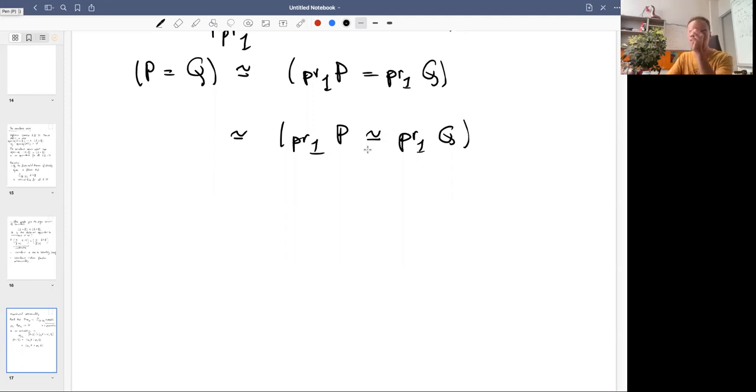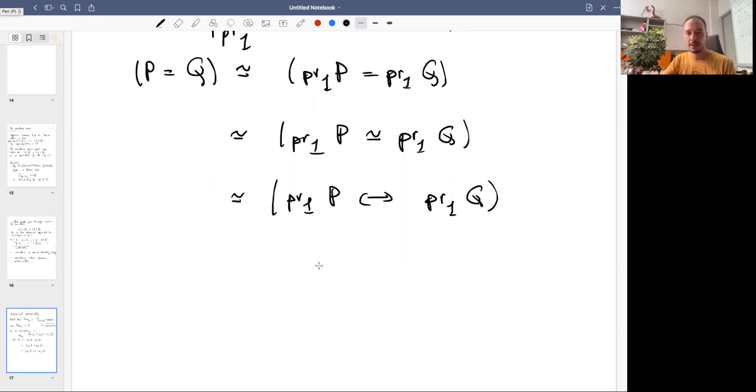So the type of equivalences between propositions is equivalent to the type of logical equivalences. So this is the same thing as pr1 P if and only if pr1 Q. Okay.